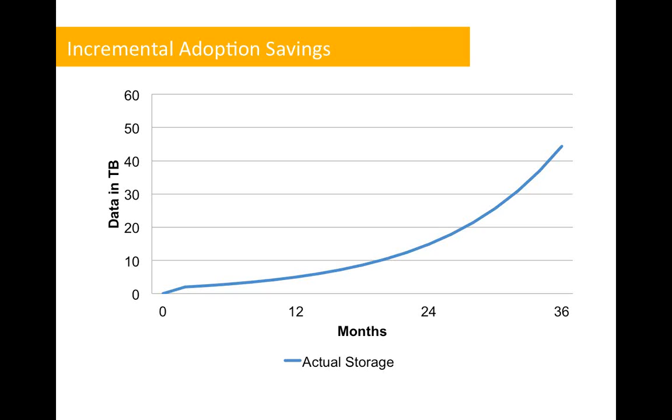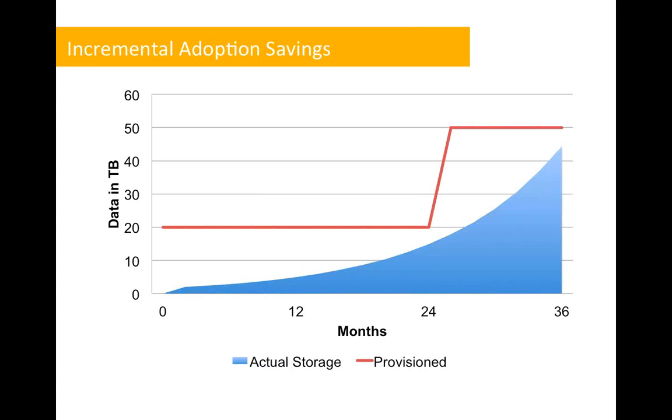If this was an on-premises solution, you might have had to buy a big storage solution up front to cater for the next 2 to 3 years. But inside Amazon Web Services, you're only paying as you go. So you pay for what you use. Let's look at the 40 terabyte mark: you only start paying for 40 terabytes a month after 34 or 35 months in this graph. So you're saving a lot just in that incremental adoption.